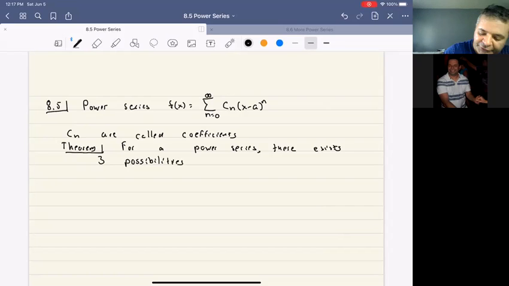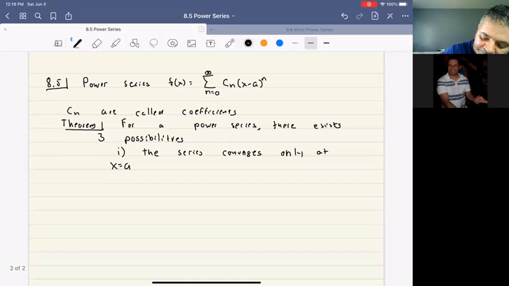Okay, first, the series converges only at x equals a. All right. The second possibility is that the series converges for all x.